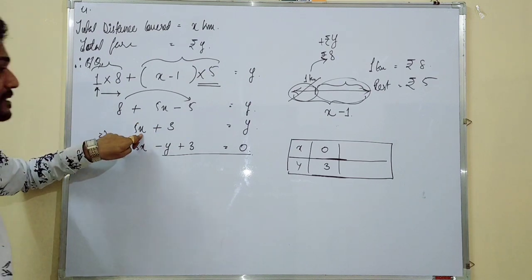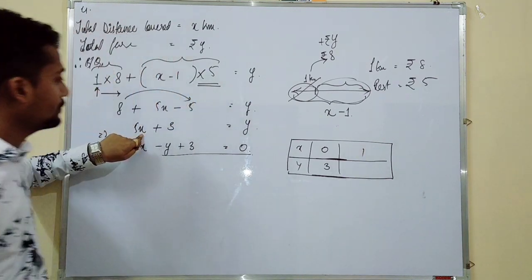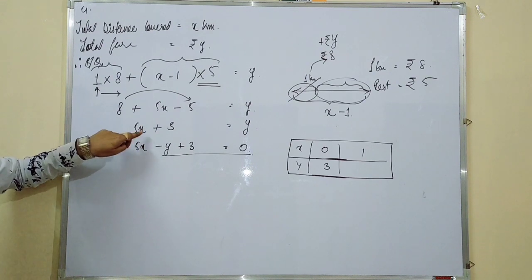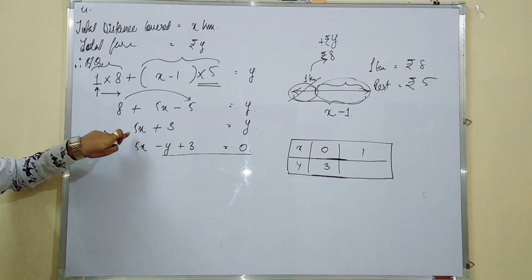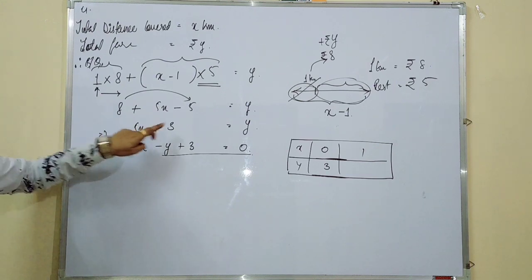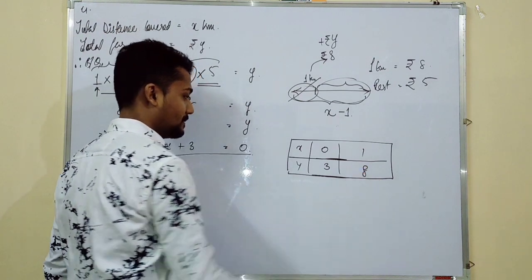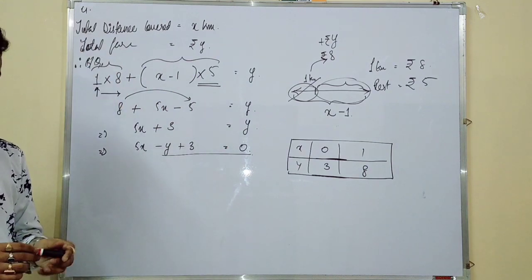Now if I take x is equal to 1, then 1 into 5 is equal to 5, plus 3 is equal to 8. Now you can plot it easily on a graph paper.